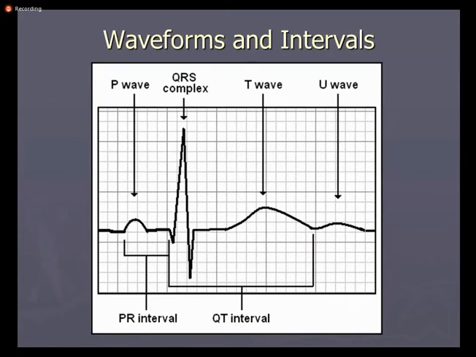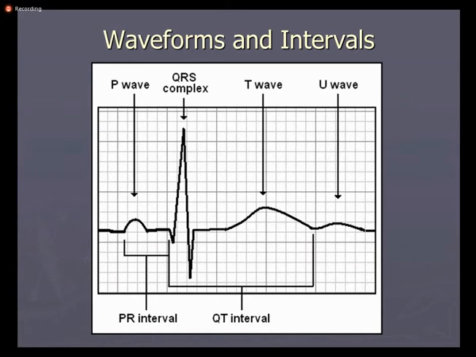Now, I have already told you that the ECG is basically a graphical representation of electrical activity in the heart. For example, you can see here when the atria depolarize, the P wave is formed on the graph paper.